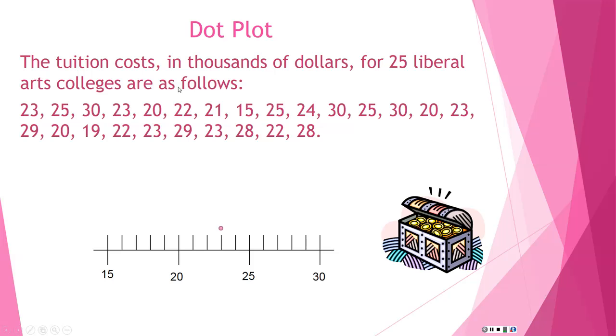Now, if you look, the very first number there is a 23. That puts a dot over where the value 23 is, just one dot. The next number is 25. Okay, there's another 23. Logically, that should have been 25. I'm sorry, 23.